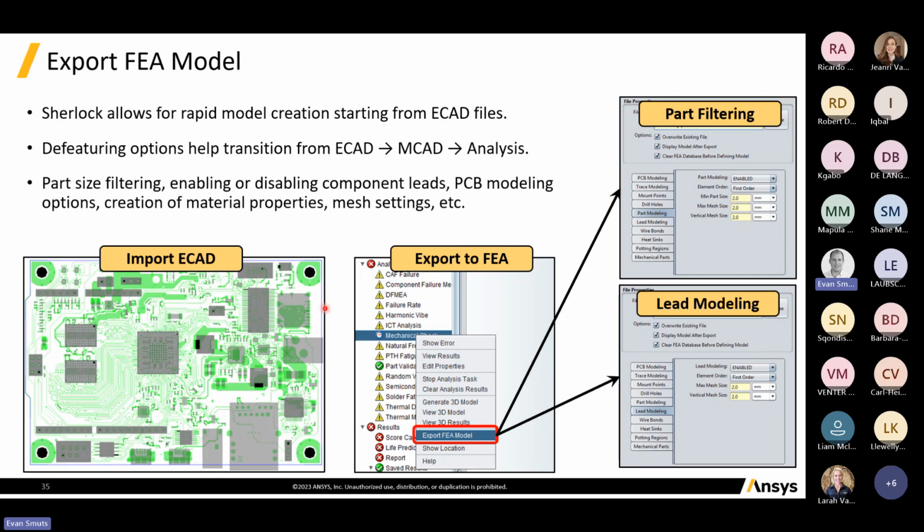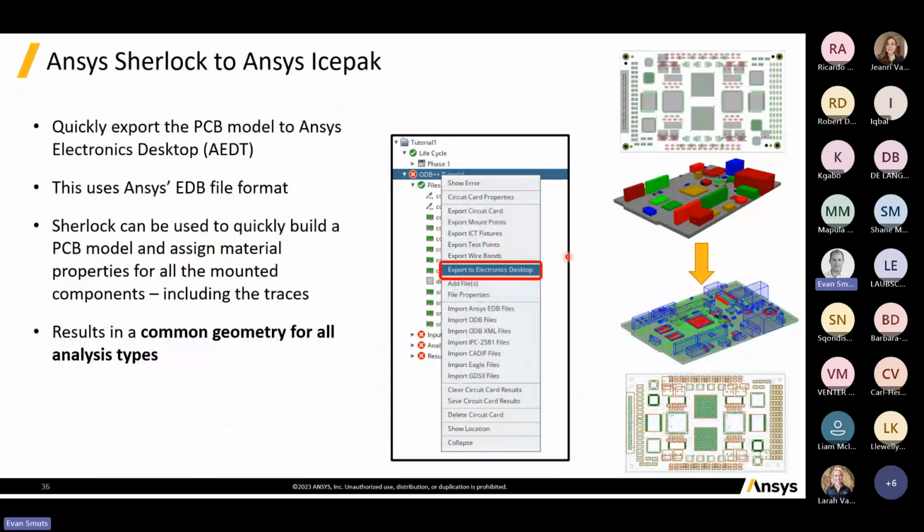That is all done for us by Sherlock. And we can even choose to export it with a mesh or not, or we can create our own mesh in Mechanical or something like that if we really want to. So that's a super easy way to go into the next stage of a multiphysics analysis.